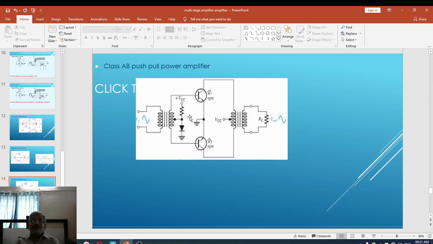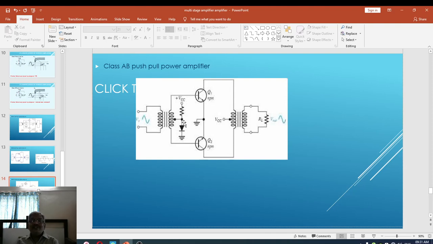Here, the power supply is connected through the resistance R and diode D, which is connected to the center tapping of the primary winding. Due to this arrangement, the operating points of transistors Q1 and Q2 are adjusted between the center of the load line and the cutoff point.